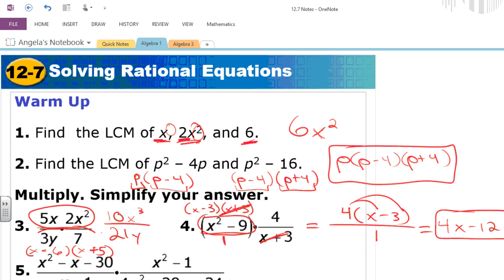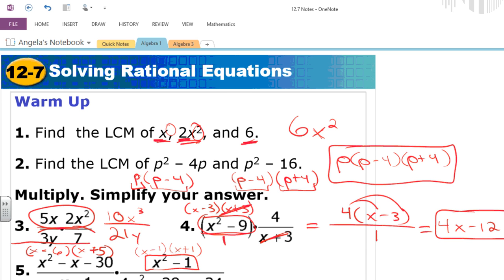Down here, I'm going to pull out a 4, and then I'm going to factor. So after I pull out a 4, I get x minus 6 and x plus 1. And then up here, it's a perfect square binomial that I can factor as x minus 1 and x plus 1. So now I've got a whole lot going on here.